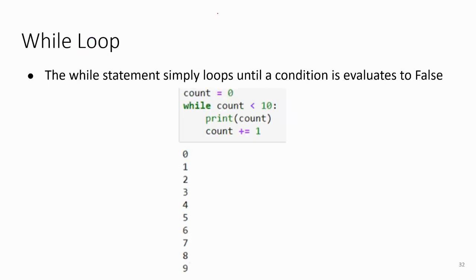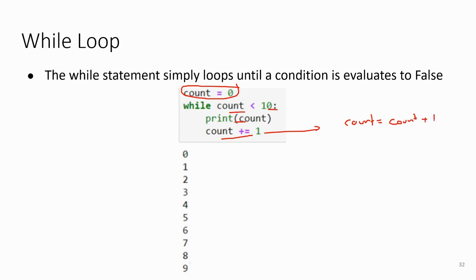Then see this while loop, almost the same. Here is one example: I am giving count is equal to 0. Now while count is less than 10, print the count. Then I am incrementing count, count plus equal to 1. What is this count plus equal to 1? This is the same as count is equal to count plus 1.